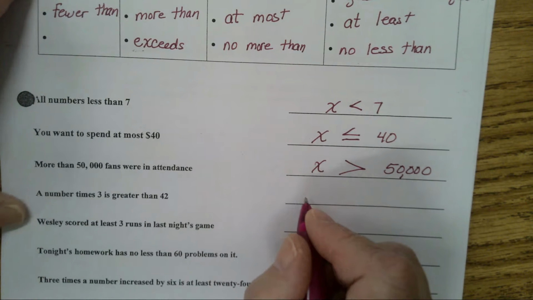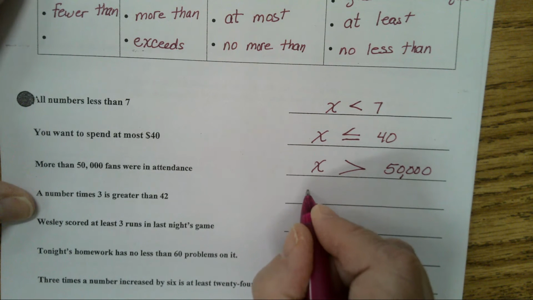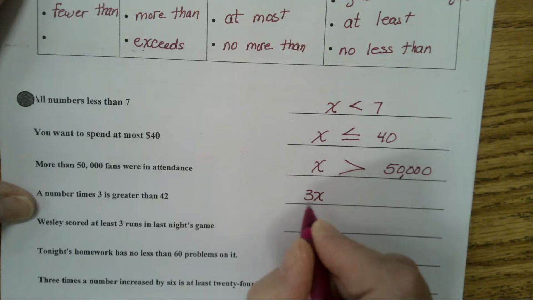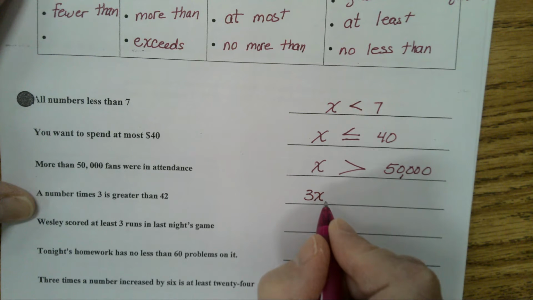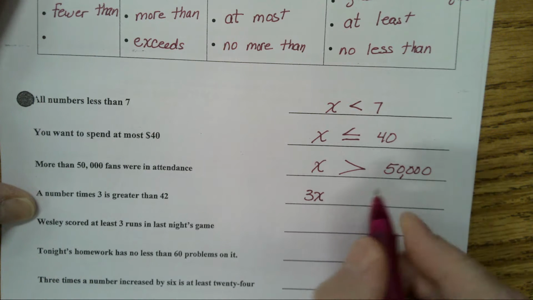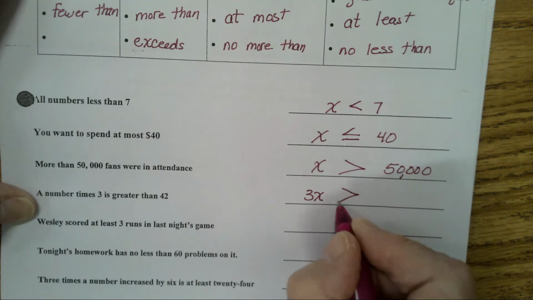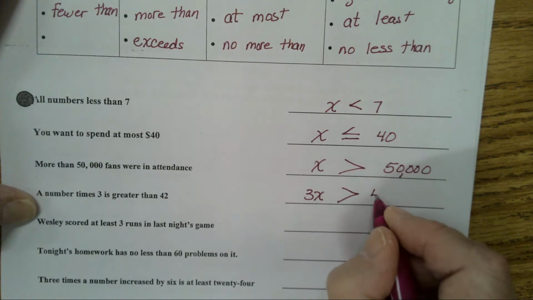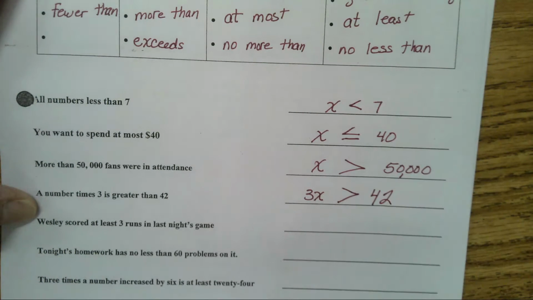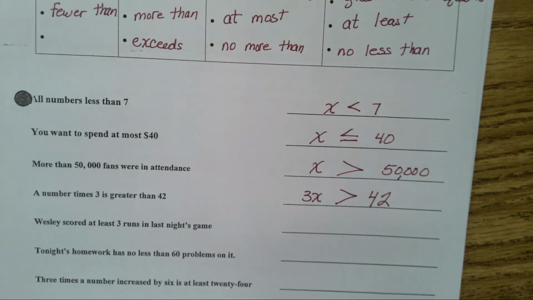So the way you write a number times 3 is 3x. That's a number times 3. Do you see how to write that now? Is greater than, you know what that looks like, 42. Any questions on how I wrote that? Okay.